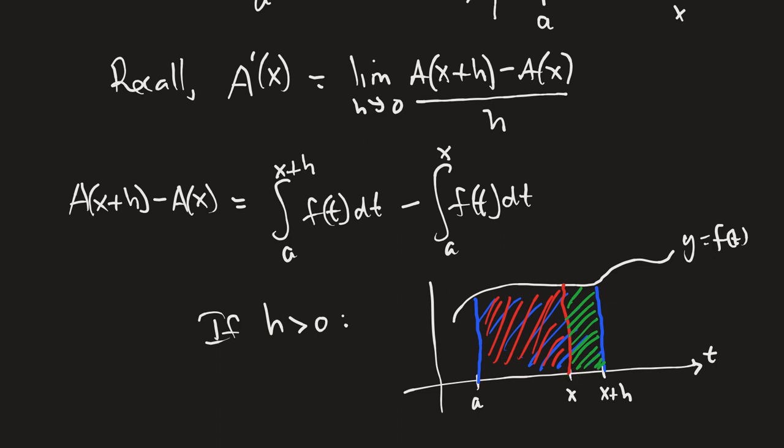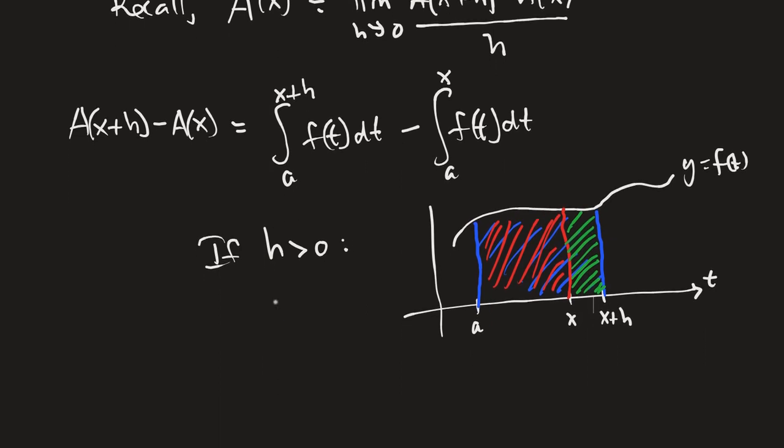So what this means is A of x plus h minus A of x is equal to the integral. So it's another area, but now the region is between the t values of x and x plus h, but it's still under the same graph, f of t, right?